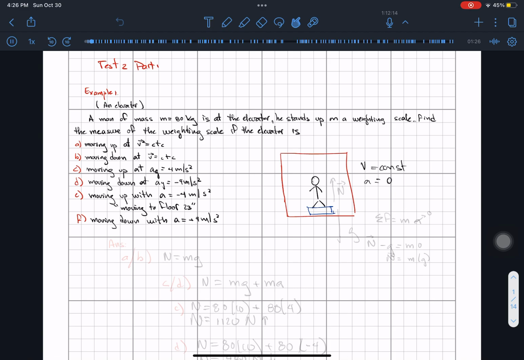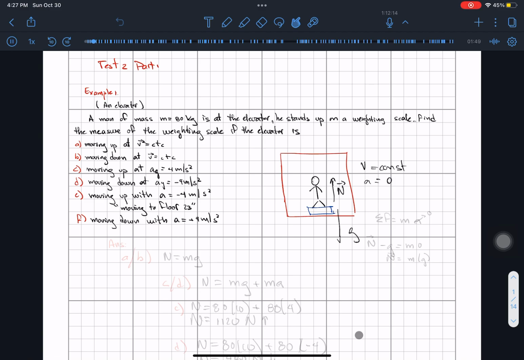Now, what forces are acting on the man that's standing on the elevator? First of all, the normal force of the weighing scale, and he's also influenced by the gravitational force of Earth.